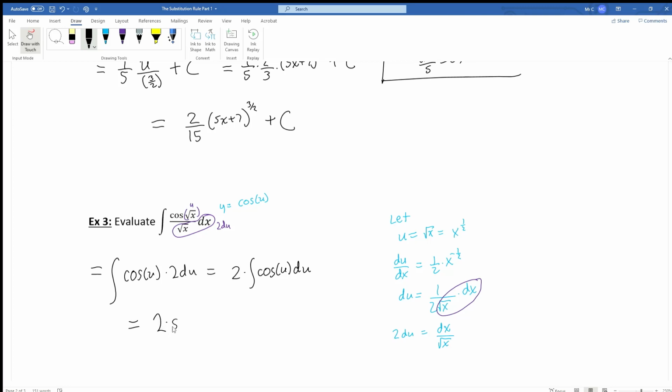And that gives me 2 times sine of u plus c. And as always, we got to plug our value for u back in, so we get 2 times sine of the square root of x plus c.